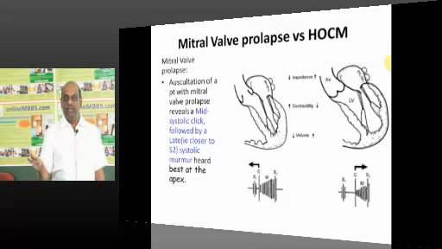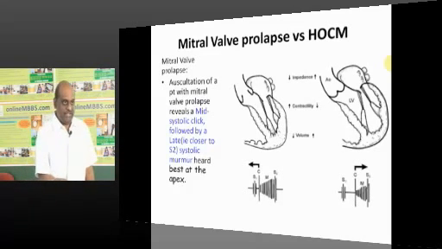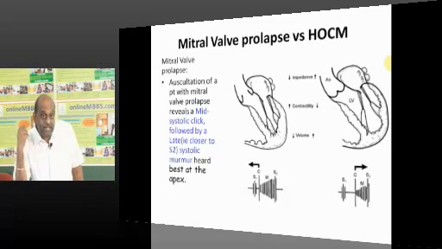You agree with me? But if you increase the afterload, what is the effect of increased afterload on the HOCM? It will decrease HOCM, but increased afterload will worsen the MVP.